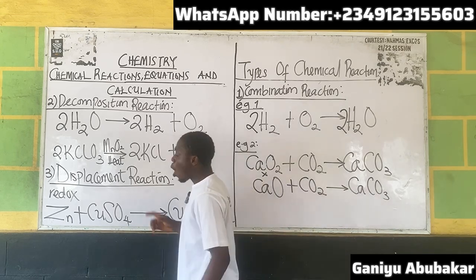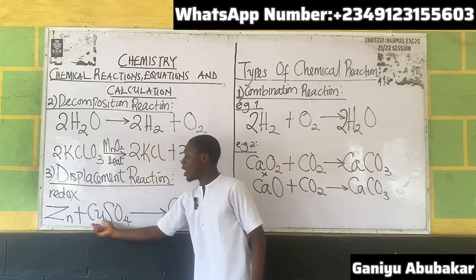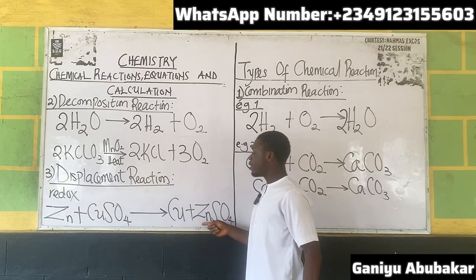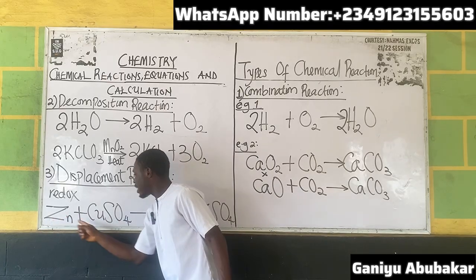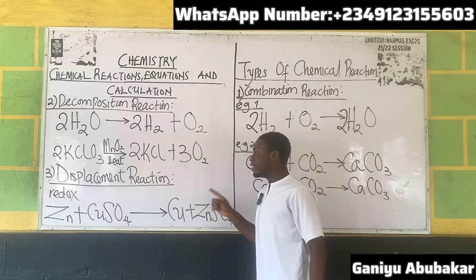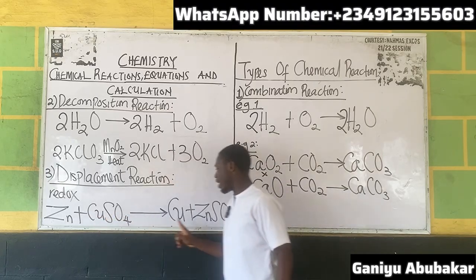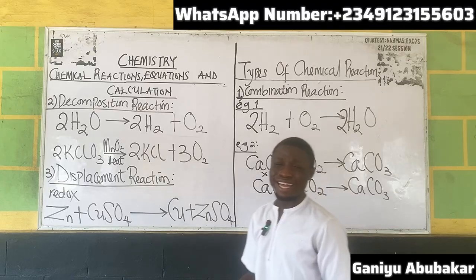Observe that zinc was standing alone and copper was attached to SO4. On the product side, it's no longer zinc standing alone; it's now copper standing alone. Zinc replaces copper. Zinc displaces copper here, as you can see. When they swap position, it is said to be a displacement.